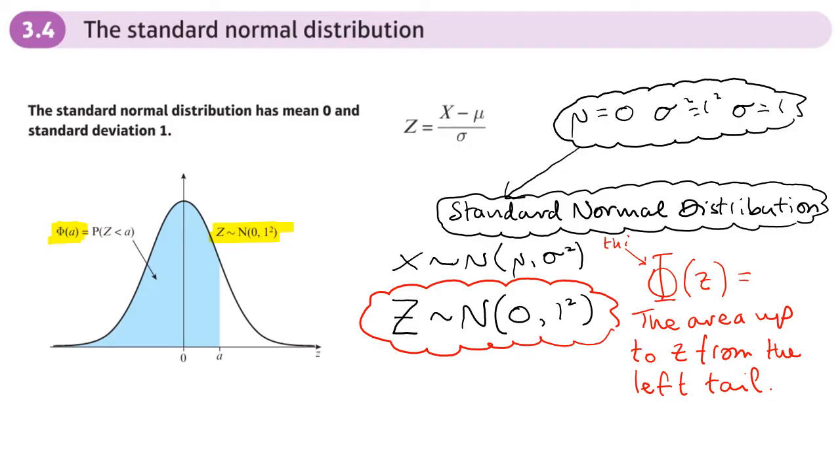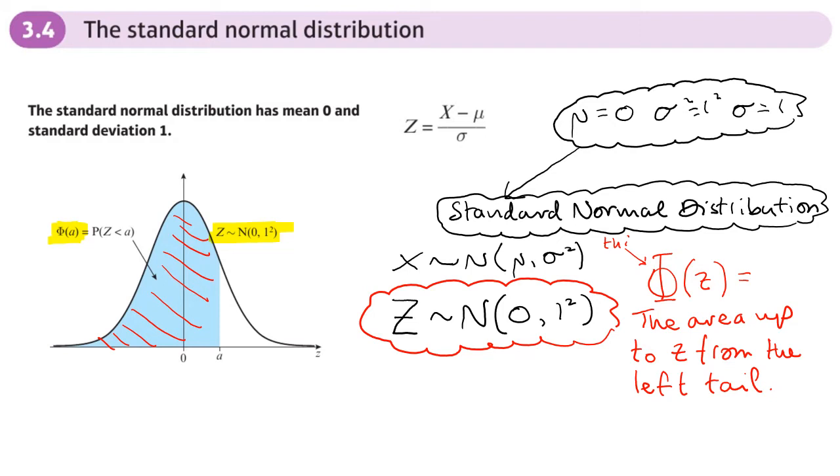So we refer to this area here as phi of Z, and again, because we're using Z, it means that we're referring to this standard normal distribution that has a mean of 0 and a variance of 1 squared.